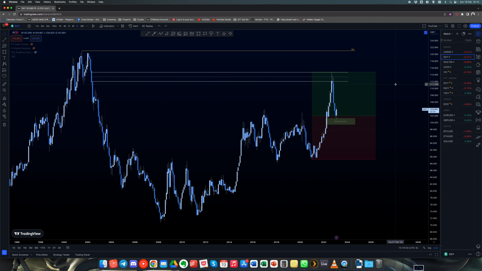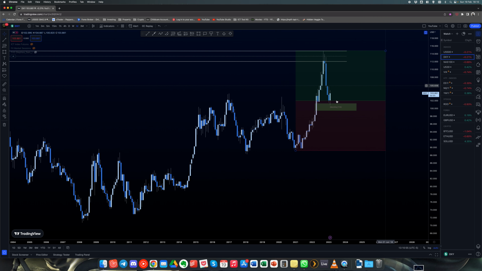And then when we are considering swings, we've got the beginning of a monthly swing low here, which is forming within a discount. It's in a monthly fair value gap. We've also got this old high here.